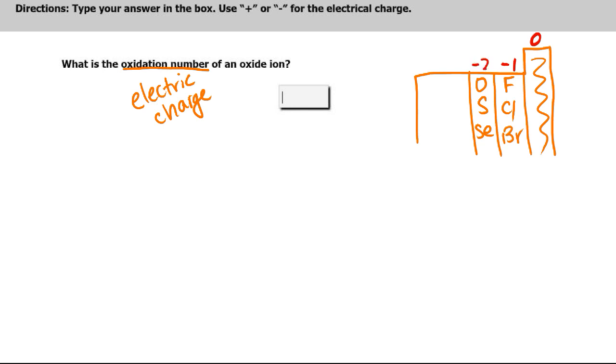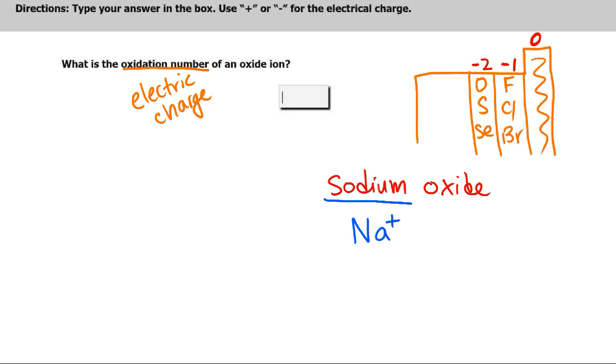of -2. So think about the fact that if you had a compound called sodium oxide, what would the formula be? In order to get the formula, you would look at the sodium, and remember that sodium is Na+, so sodium has an oxidation state of +1 as an ion.